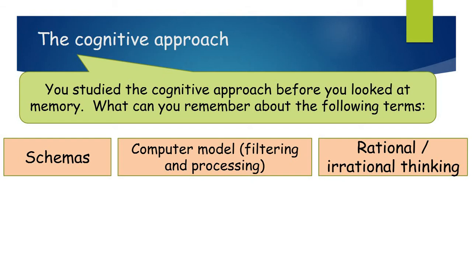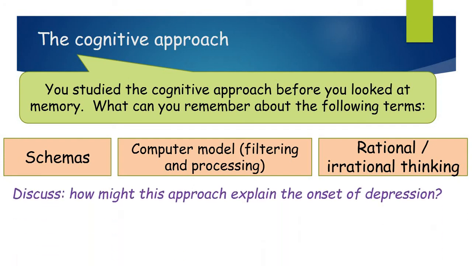These schemas act as cognitive shortcuts to allow us to process information rapidly. We build up these schemas throughout our life based on our experiences and how we interact with the world, and by having these schemas, it allows us to interact with the world much more efficiently and effectively. Rational versus irrational thinking, we've looked at that when we looked at phobias, and we'll see that with depression there can be a lot of irrational thinking rather than rational.